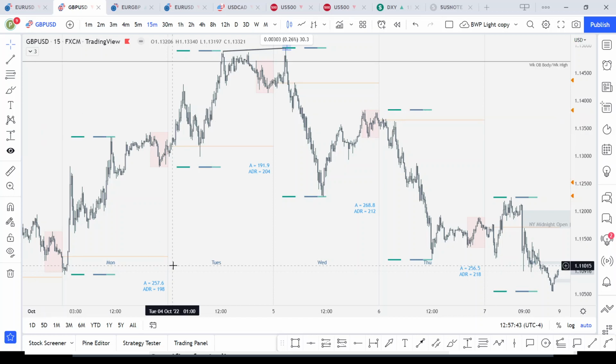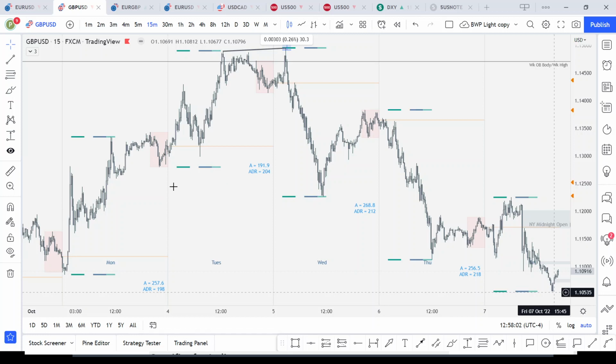Okay. So this is an example of the one shot one kill model, where you take a trade here, assume you take a trade on Tuesday or Wednesday, and you hold it all the way till Friday, till the end of the week.